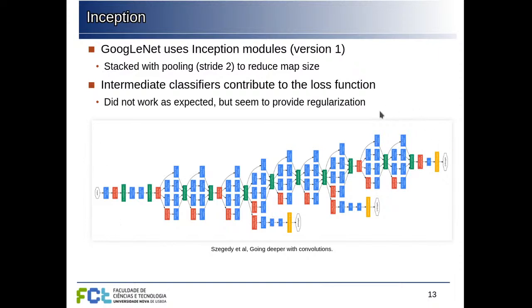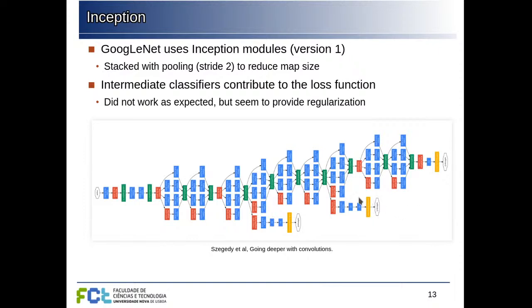In addition, they also added these intermediate classifiers. So the final classification is done here with the softmax on the 1000 different categories. But they also added classifiers here and here that are branching out of the network at intermediate stages. This also counted a bit, about 1/3, towards the loss function.